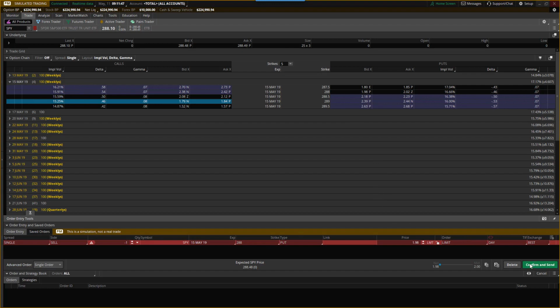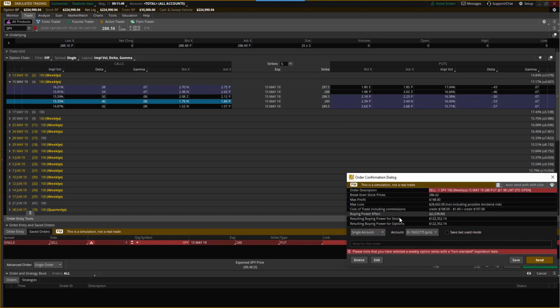If your account is big enough to handle the buying power effect or the loss that could occur, you can see here the max loss of selling a naked option is $28,000. Your broker won't let you sell a naked option unless you have enough money to back up the max loss.